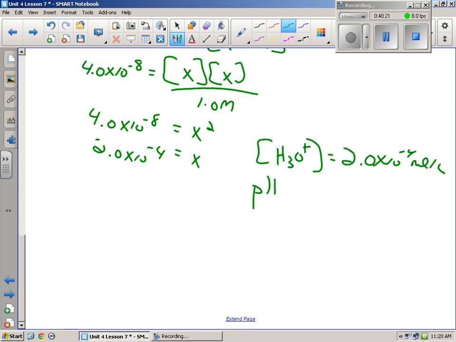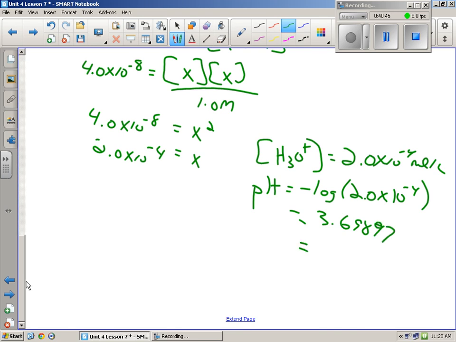The pH of this would, of course, be the negative log of 2 times 10 to the negative 4. And if you do that, you get 3.69897.